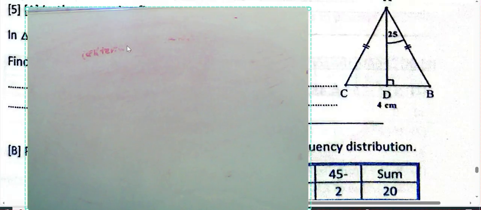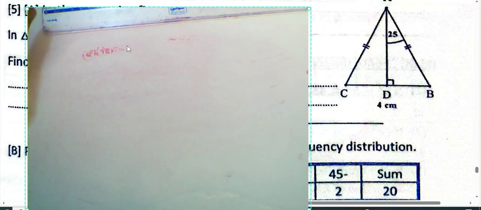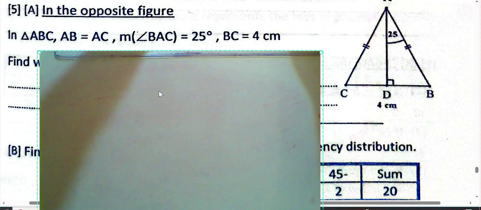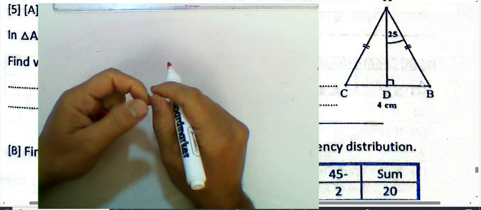Next question. From Pythagoras theorem, we can find the measure of angle B here, or by congruent triangles. We can use congruent triangles here. First step in this example, look with me. We want to find, with proof, the measure of angle B. We want to find this angle. We can use two triangles congruent.